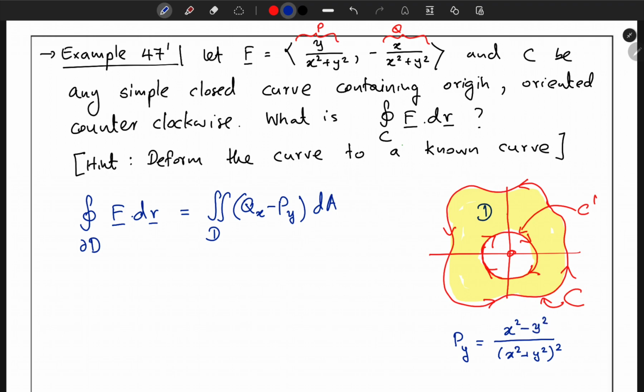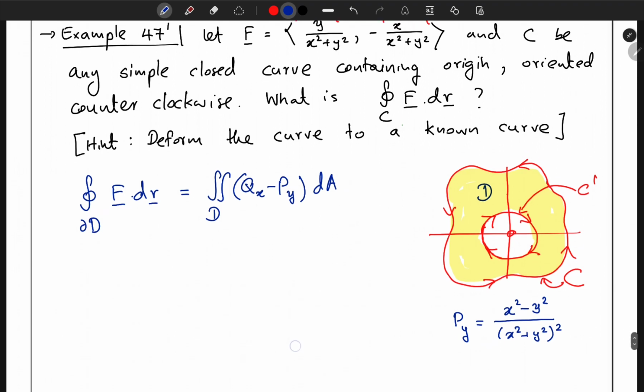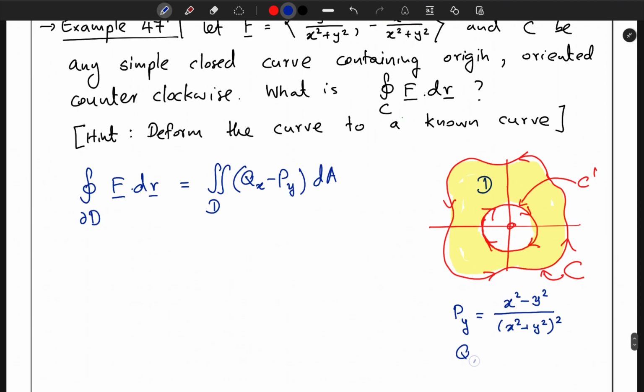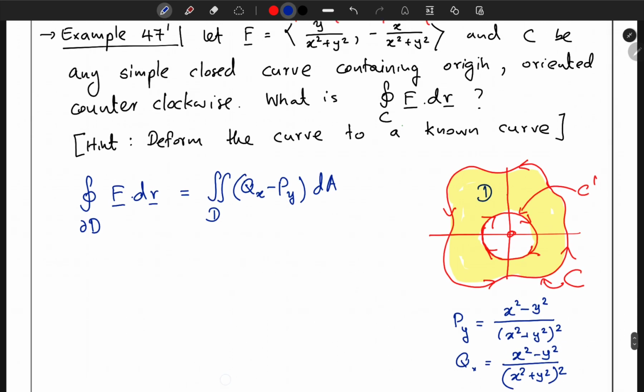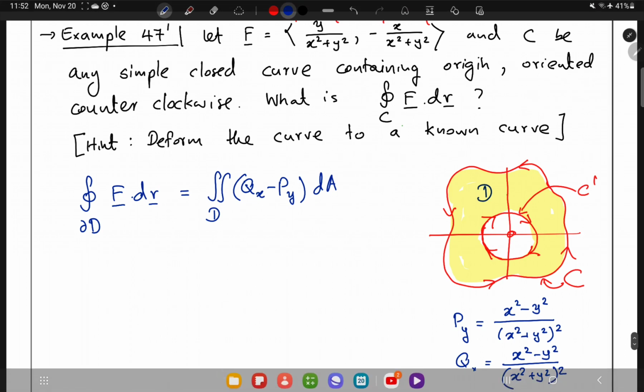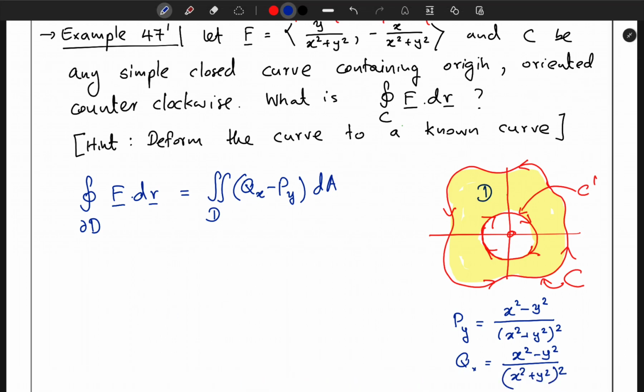So use the quotient rule. And Q sub x, it's the same thing, x squared plus y squared on the denominator, x squared minus y squared on the numerator. Sorry. So the difference is 0.